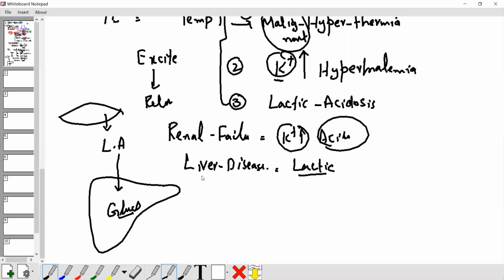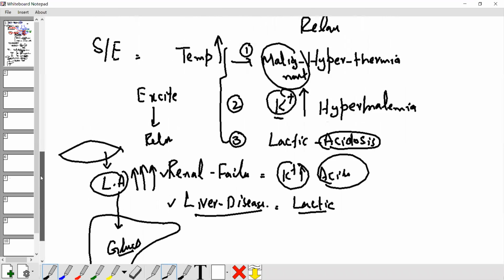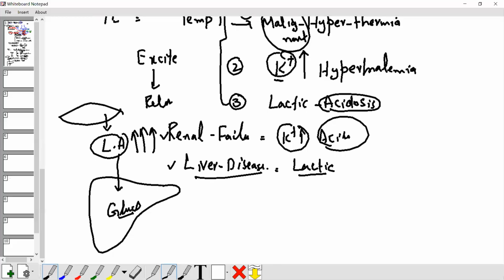So if your liver is not working well, what happens? This lactic acid gets higher and higher. What happens in our body? Acidosis. Done. So in renal failure and liver disease patients, succinylcholine is contraindicated. Understand?